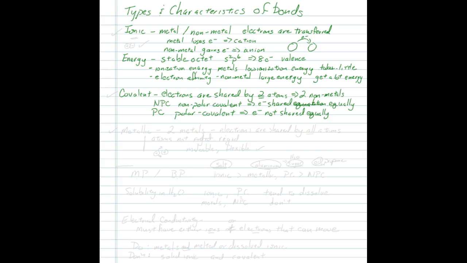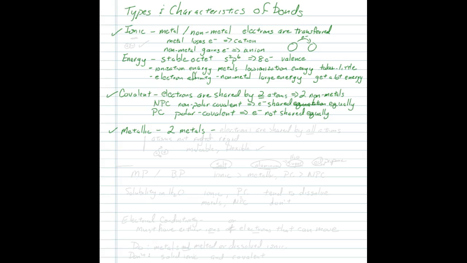So, ionic, covalent, the last one is metallic. A metallic bond is formed between two metals. The two metal atoms can be different elements or the same element, it doesn't matter.